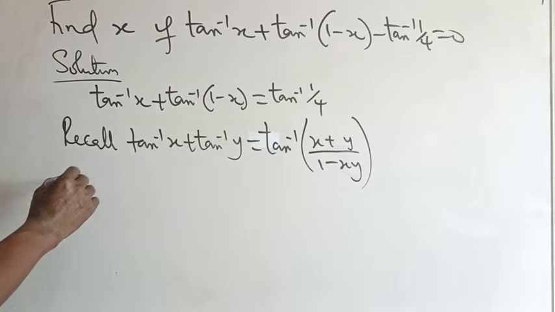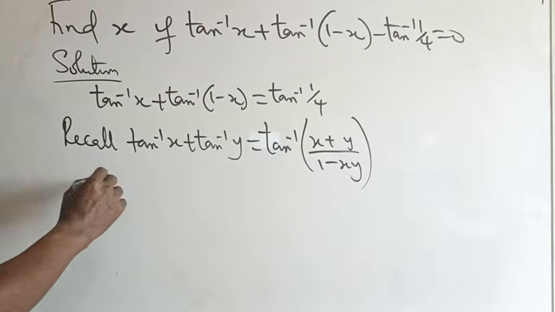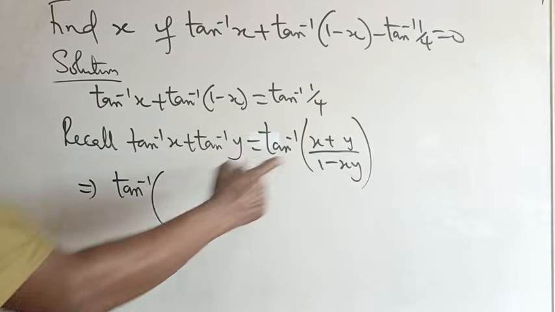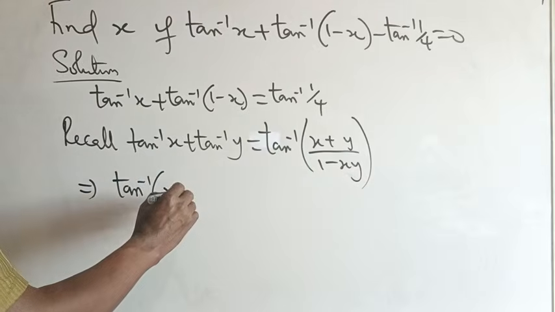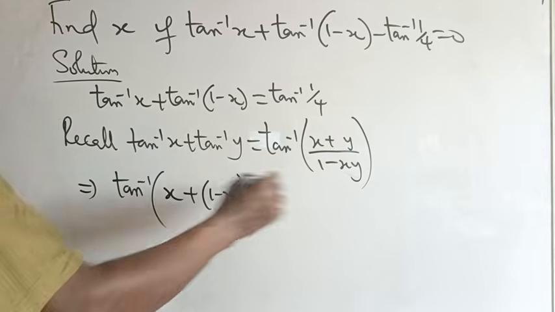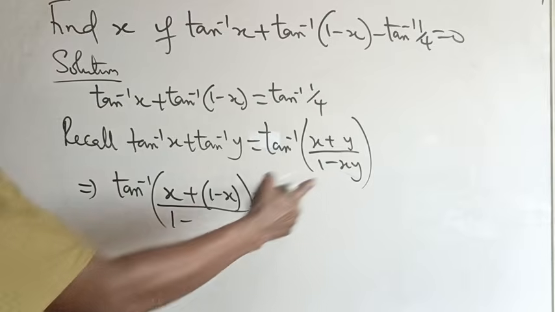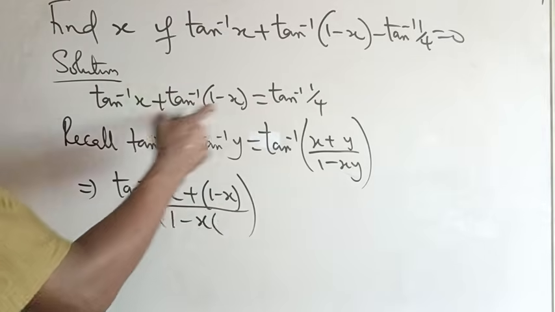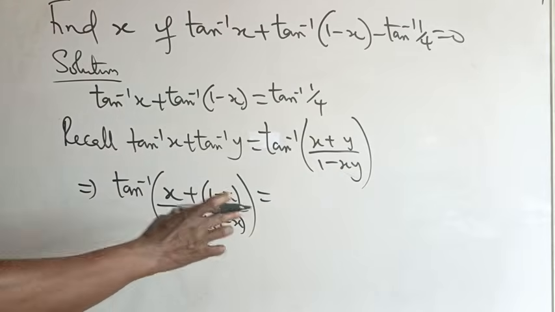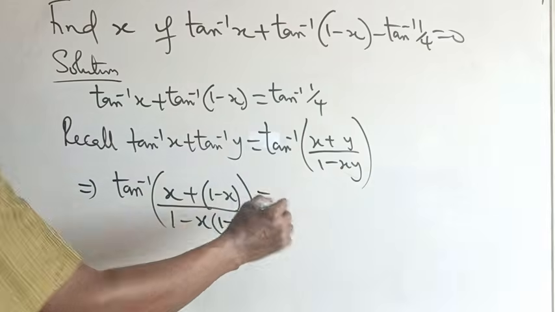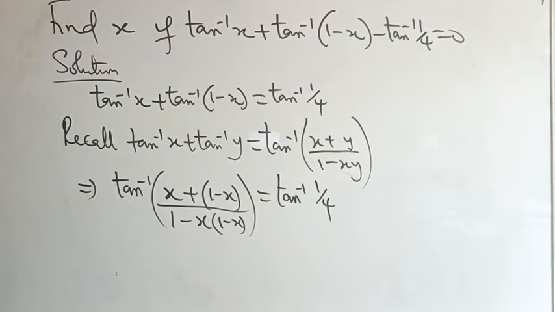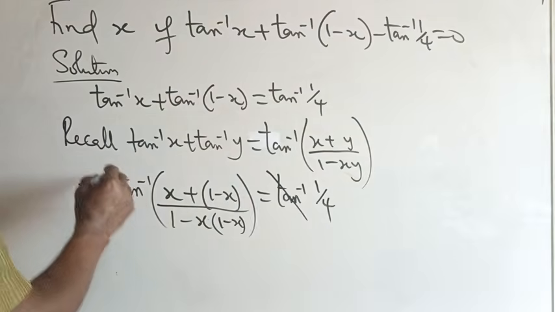Therefore, tan inverse of x plus 1 minus x, all over 1 minus x times 1 minus x, equals tan inverse of 1 over 4. Tan inverse here, tan inverse here.